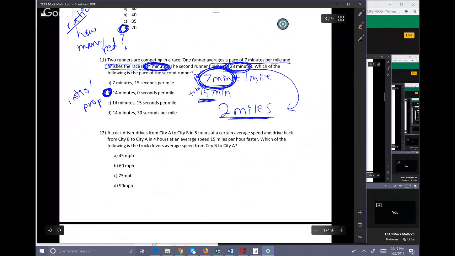Again, if you have specific trouble with one of these, try it again, watch my explanation again. You can always write down the timestamp on the video when I reach a question that's important to you. I do not know what the timestamp is right now. I'm being completely random and guessing. Let's say it's 11 minutes and 25 seconds into the video when I start working on number 11.